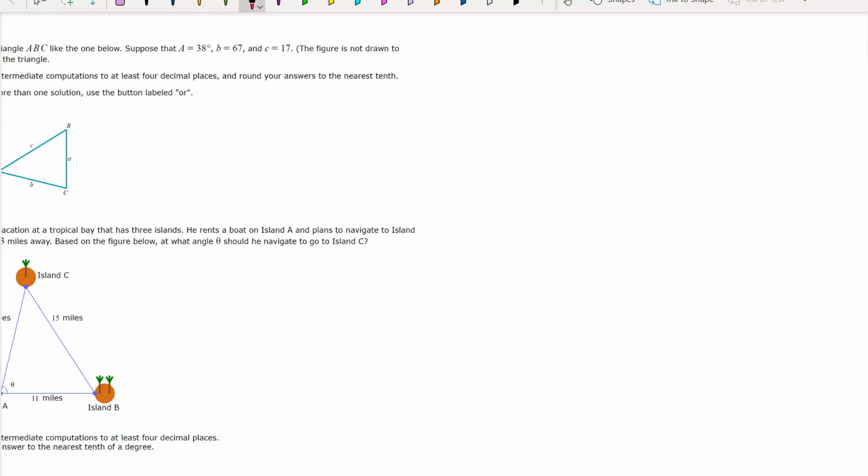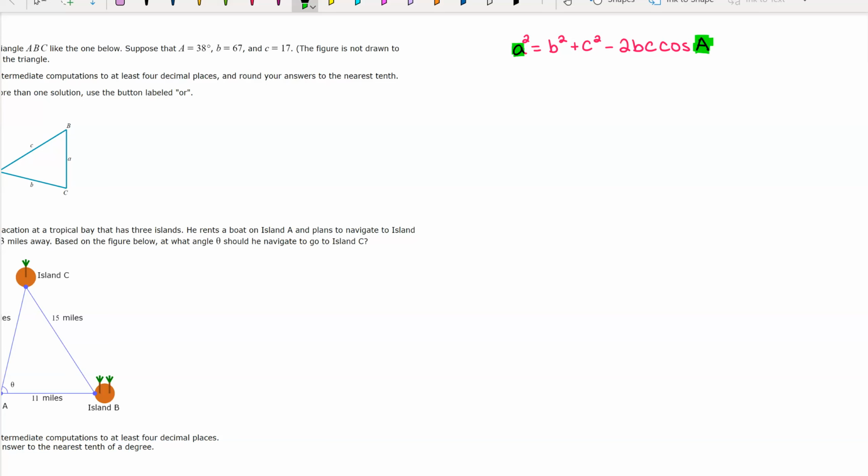The law of cosines says that side a squared is equal to b squared plus c squared minus 2bc cosine of A. Now, one thing to notice is that this letter, lowercase, will always match this letter, uppercase.